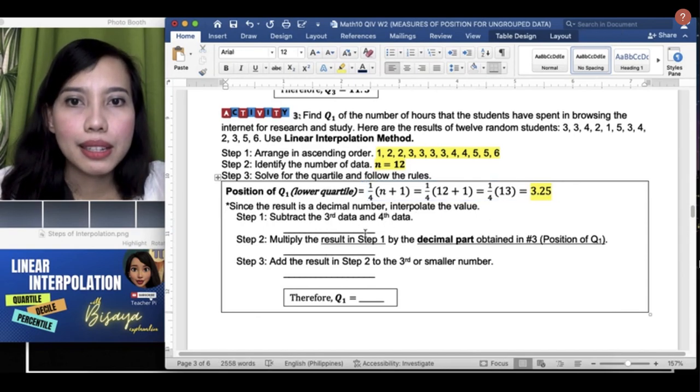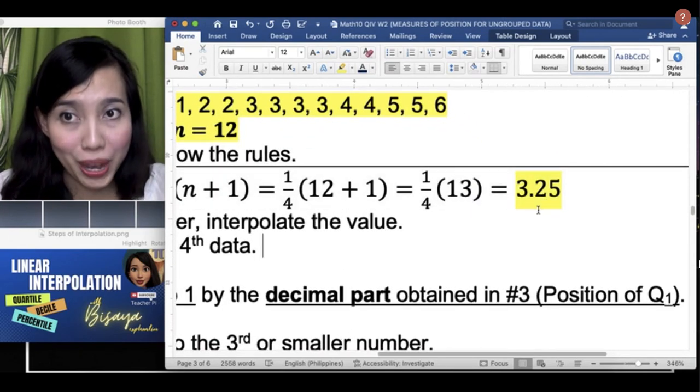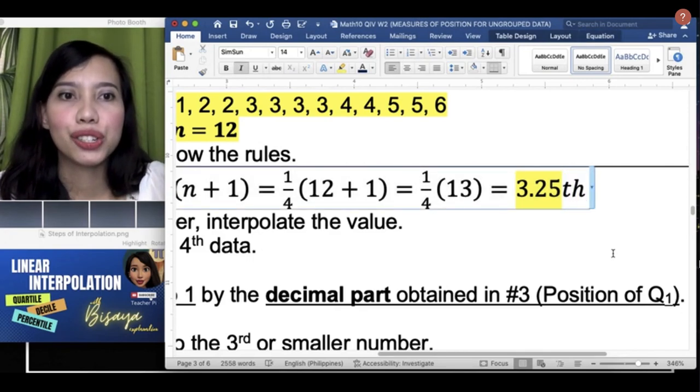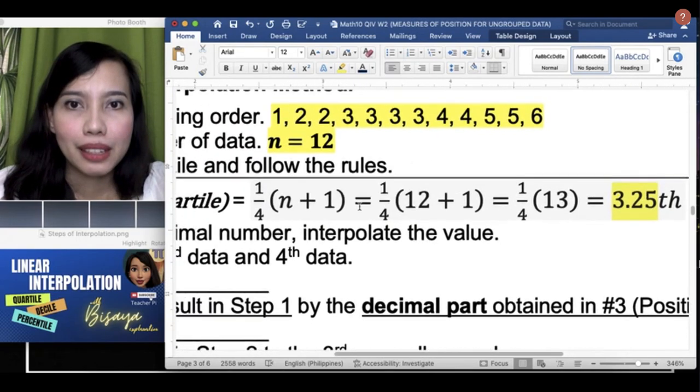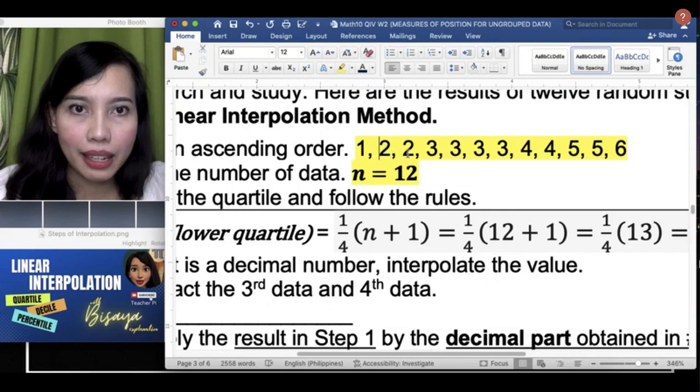Since the result is a decimal number, let's interpolate the value. Subtract the third and fourth data. Nganong third and fourth man? Kay ang 3.25 naana siya tunga-tunga sa third ug fourth. Pwede natin siya butangan og TH. Okay. So let's find the third and fourth. First, second, third, and fourth. We have 2.